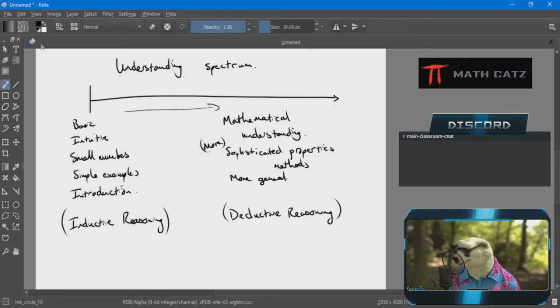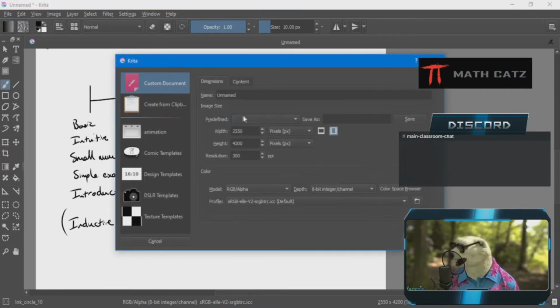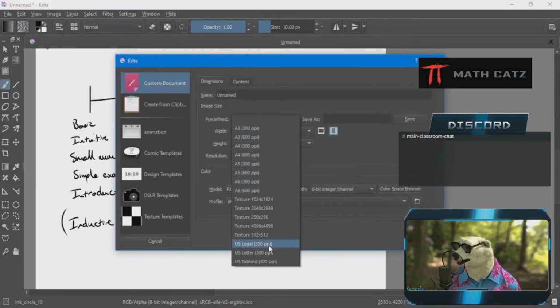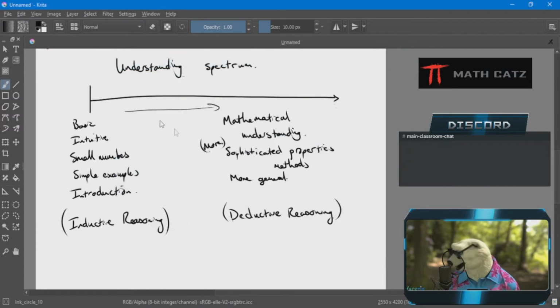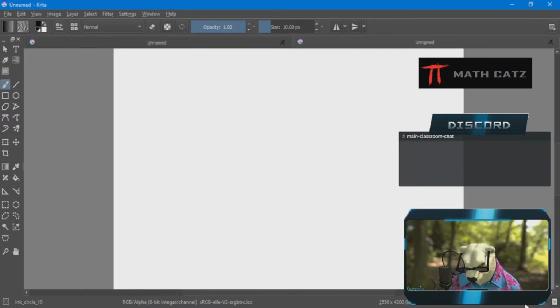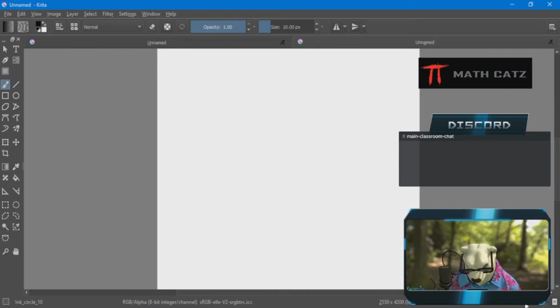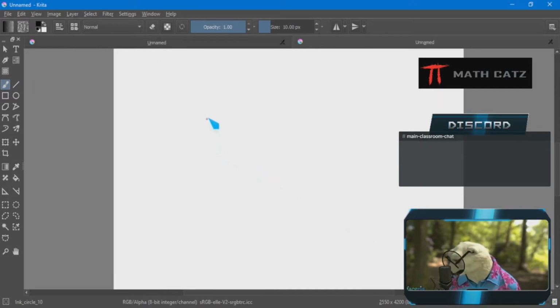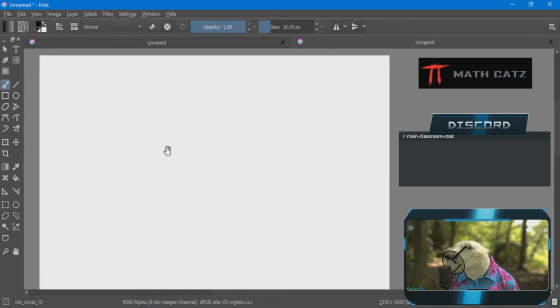Okay, so I'll make 2 pages here, one for the left side, and I'll have our example based approach, or of course inductive reasoning, right?